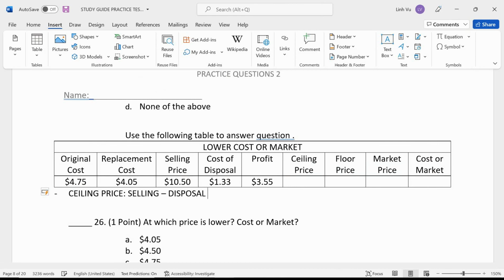So in this case, what's my selling price? Selling price is $10.50, minus disposal of $1.33. So what should your total be here? $9.17.